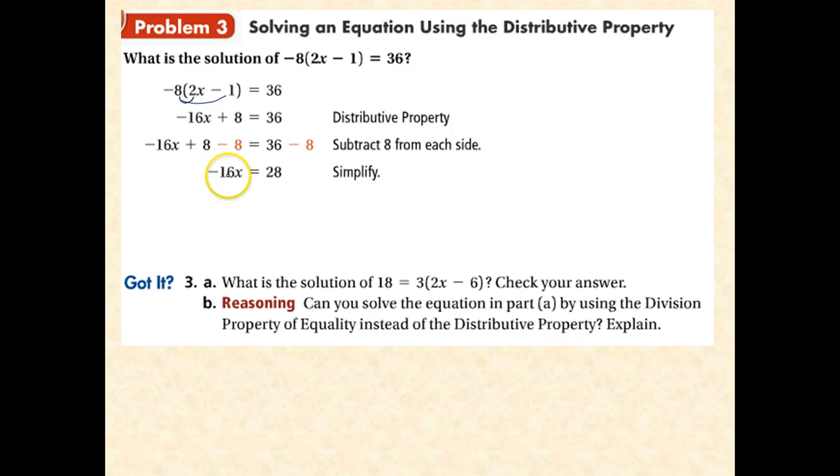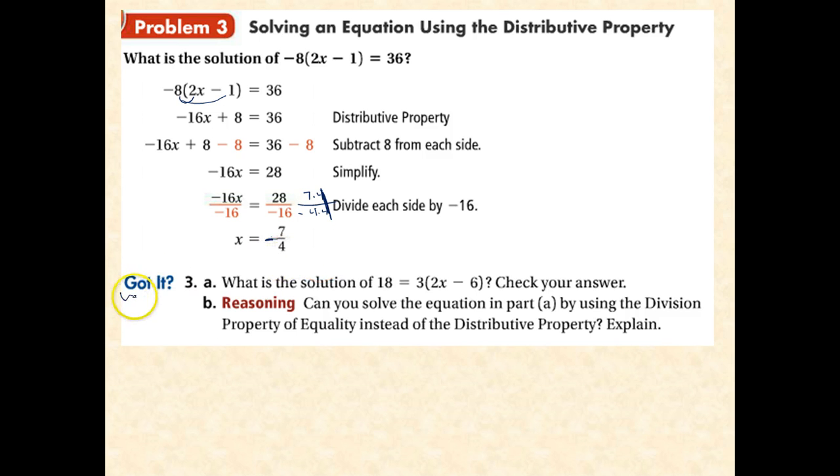Then we're going to divide both sides by negative 16. And then we reduce this fraction. We know that 28 is 7 times 4, and negative 16 is negative 4 times 4. So the 4's will cancel. And a positive divided by negative is a negative. So we get negative 7/4.